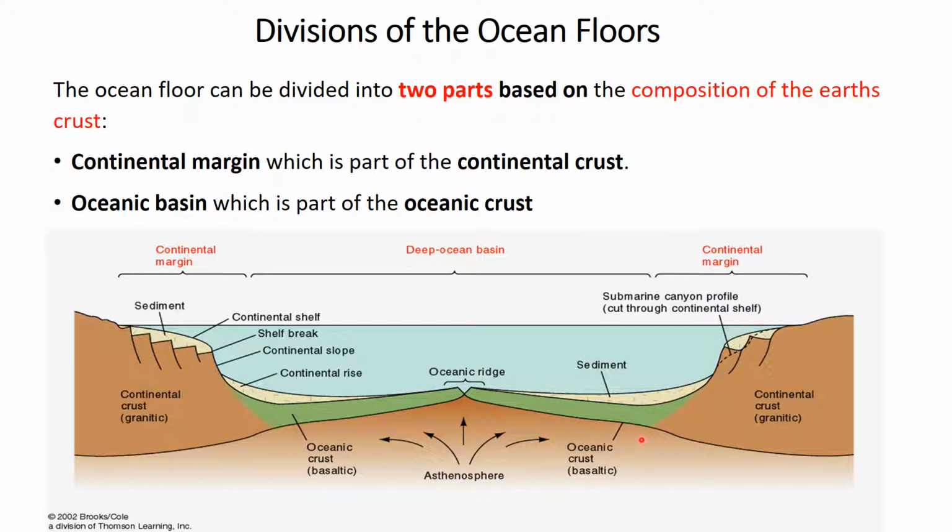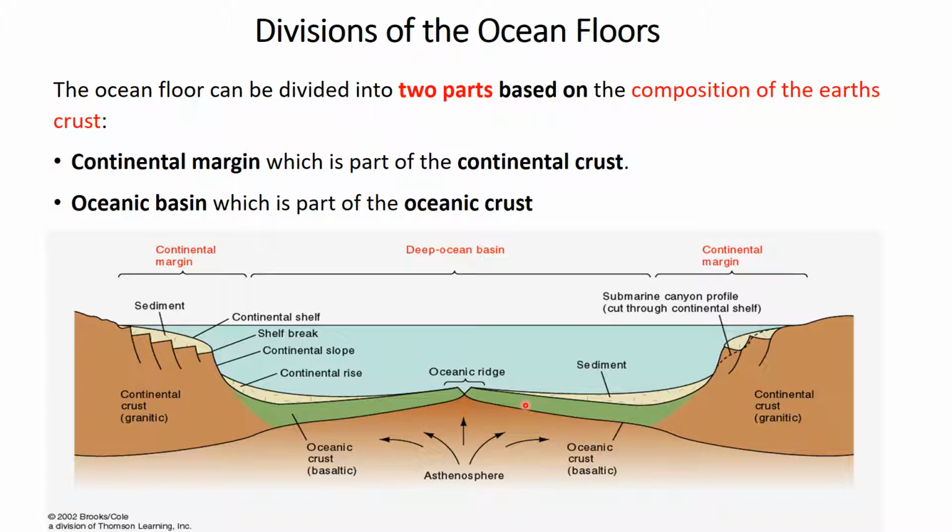Basically, crusts are what the plates settle on. So we have plates which are continental in nature, and plates which are oceanic in nature.